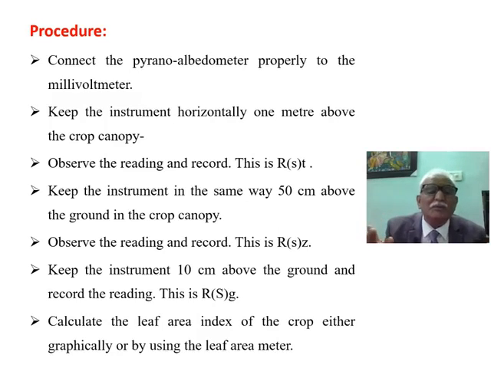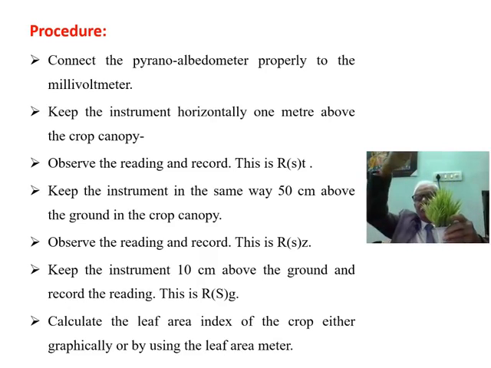What is the procedure? Connect the pyranometer to the millivoltmeter, like in the first exercise. Keep the instrument horizontal, using the spirit level, observe the readings and record. What are the readings? This is the crop, for example. Radiant energy is falling, incoming, direct. So what is intercepted at the Z level?